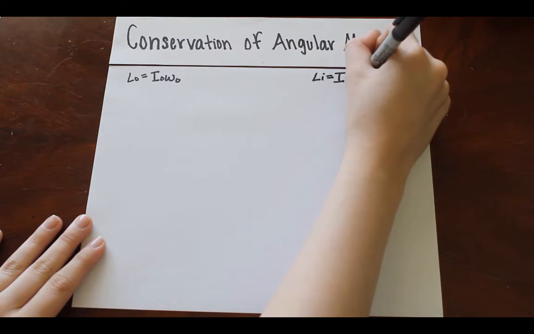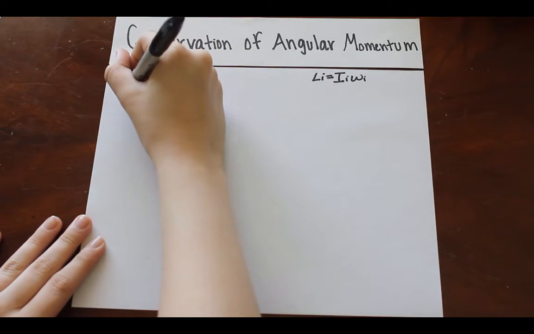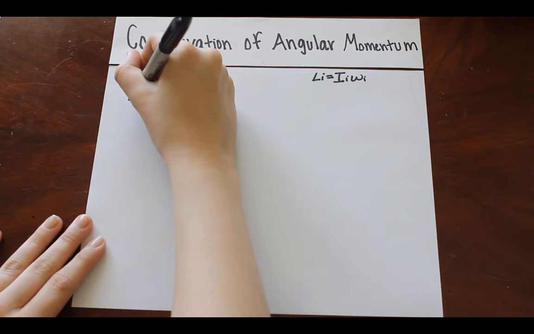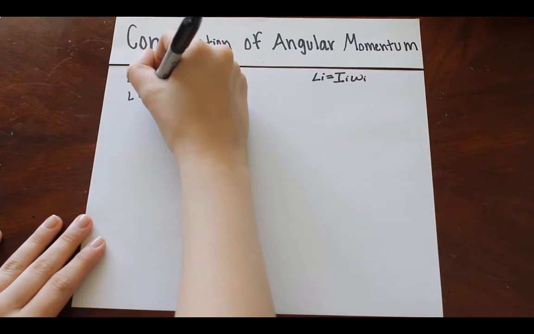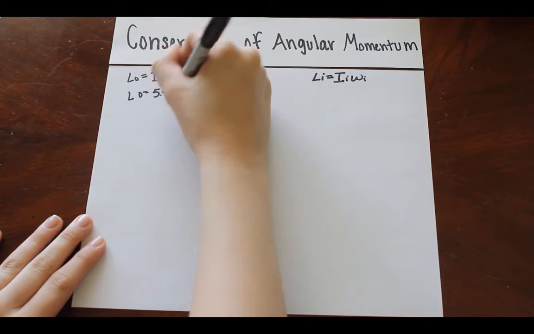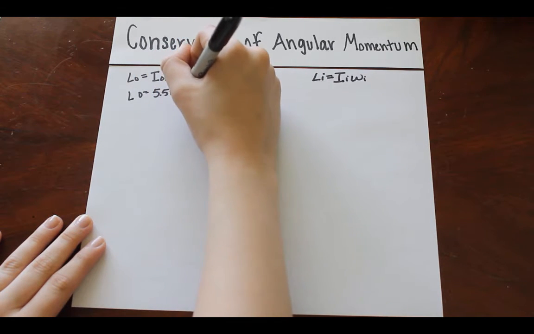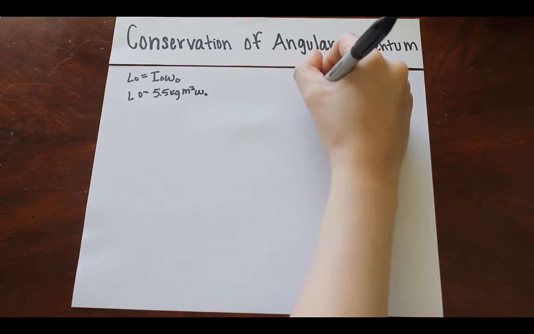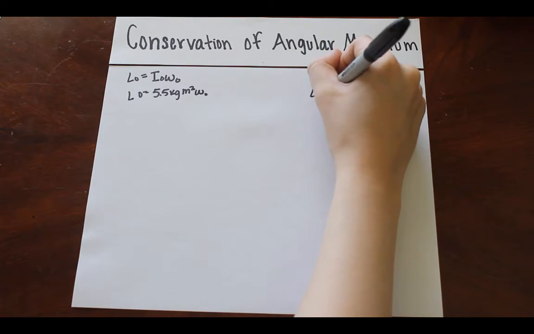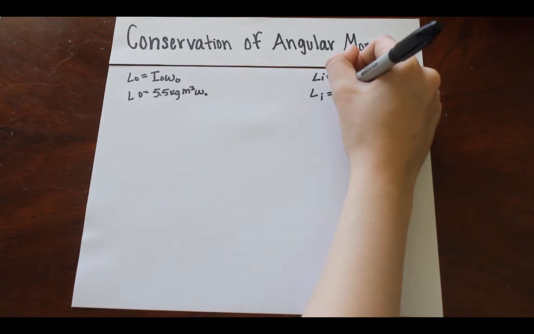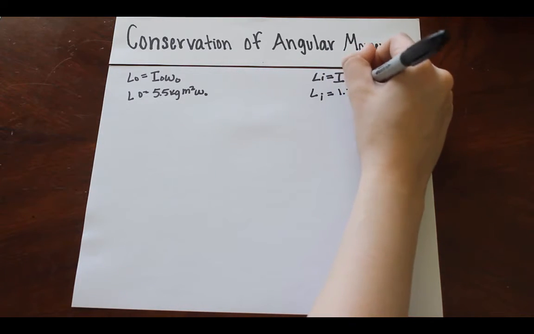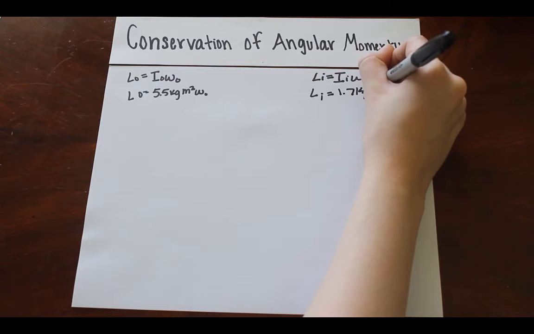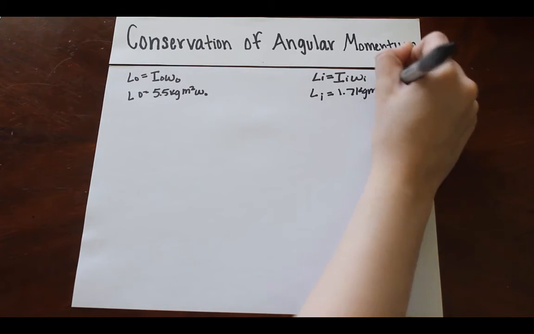So if we fill in for our numbers here, L out is going to be 5.5 kilograms meters squared times omega out. And then we can go on to our person with their arms in, and so that's going to be L in equals 1.7 kilogram meters squared times omega in.